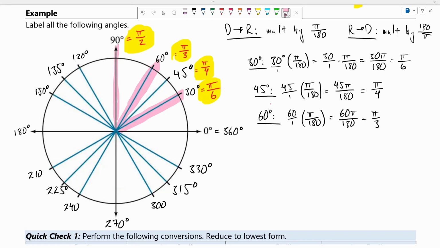It turns out the same thing can happen when we use our radian measures. If I grab this one, that's pi over 6 in radians. If I add another pi over 6, I get pi over 3. If I add another pi over 6, I get pi over 2.